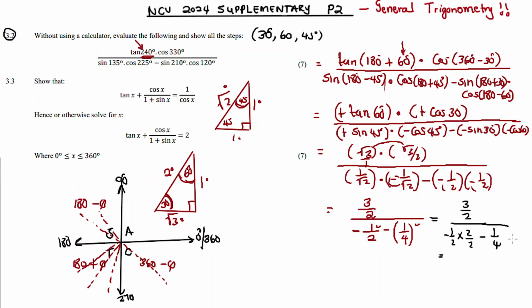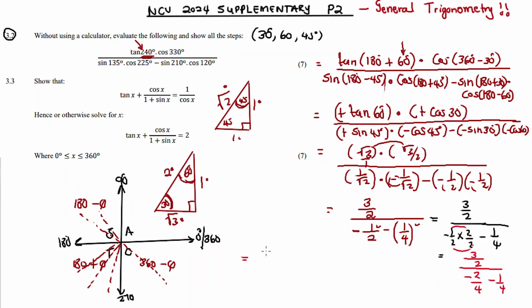The idea of multiplying by a 2 over 2 is just to get the denominators the same for the two fractions. So it's going to be a 3 over 2 divided by minus half times 2 over 2. So the 2 times the 1 over the numerator, and the 2 times the 2 over the denominator. We now have a 2 over 2 times 2, that's 4, minus 1 over 4.